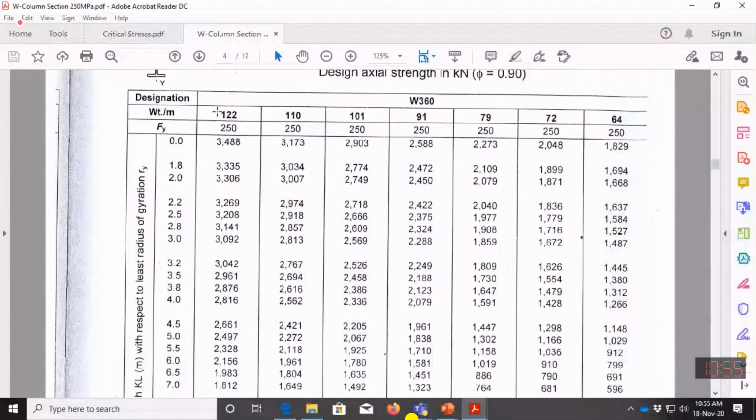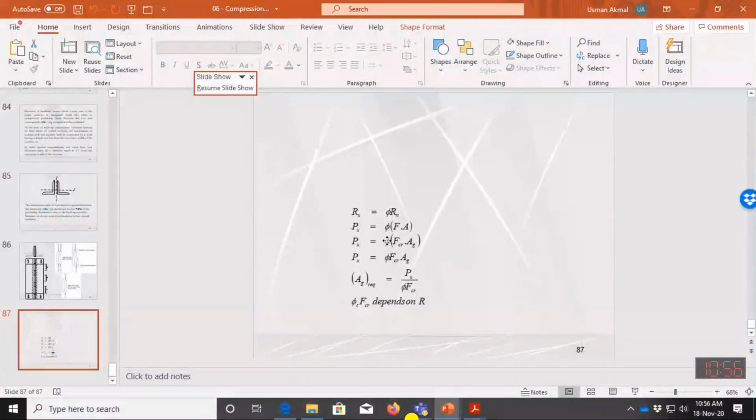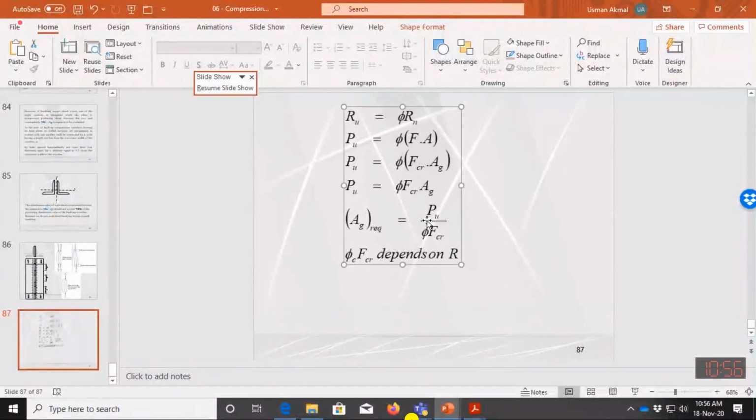So we are provided with all the geometric properties. If we know the effective length, then we can easily determine the slenderness ratio about the y-axis. So what does it mean? In other words, just like I have explained, I can determine the capacity of this section quite easily.